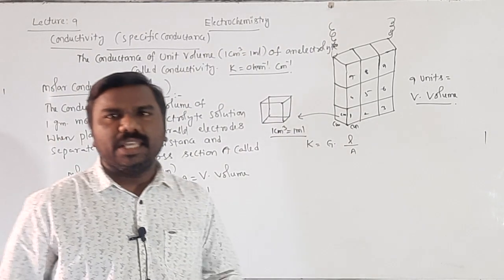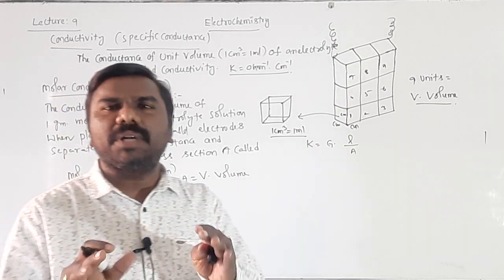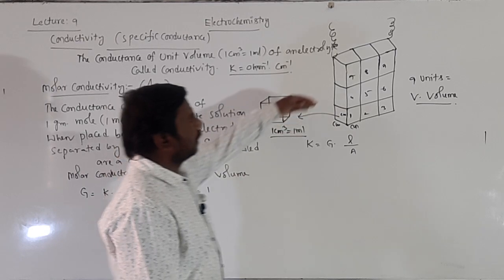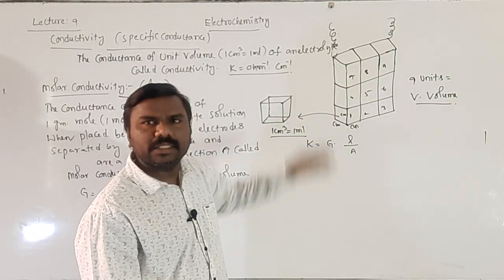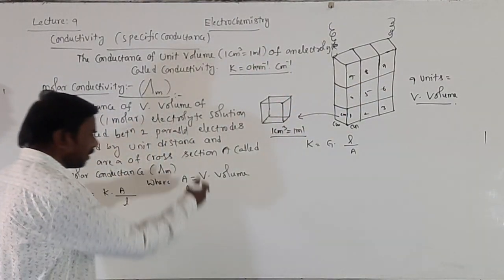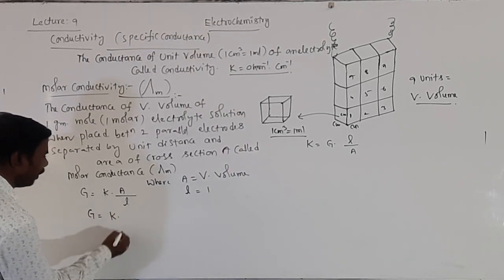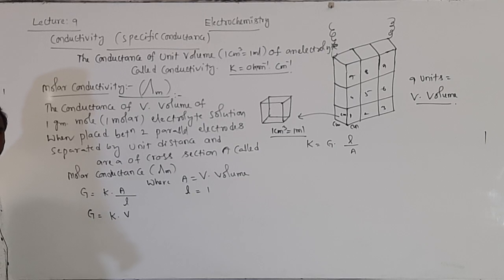This area of cross section indicates the volume of the solution. Then substitute: G is equal to K into V by 1.